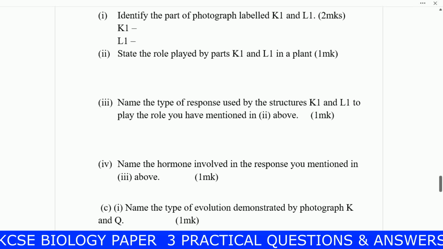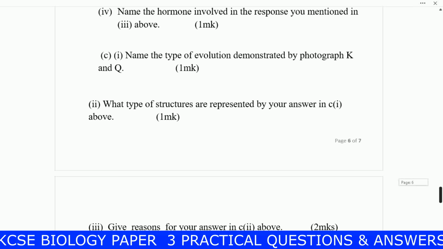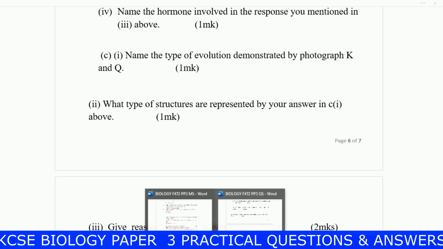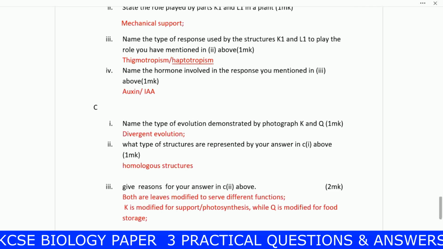Go to C. You are told to name the type of evolution demonstrated by photographs K and Q. That one is divergent evolution.